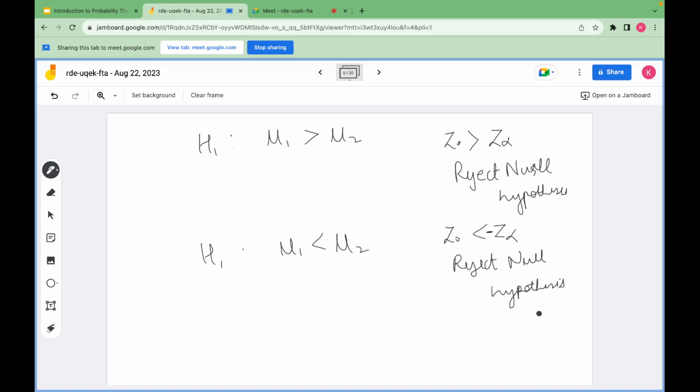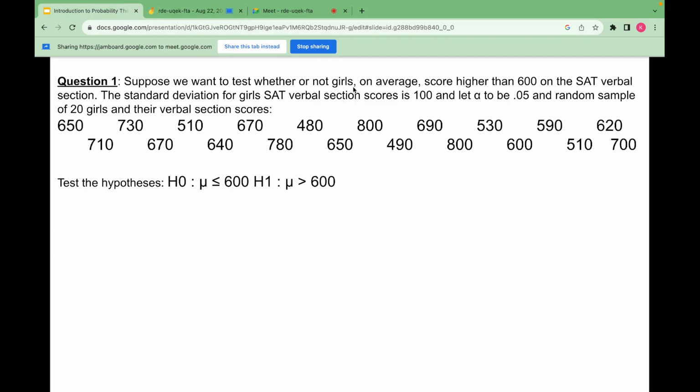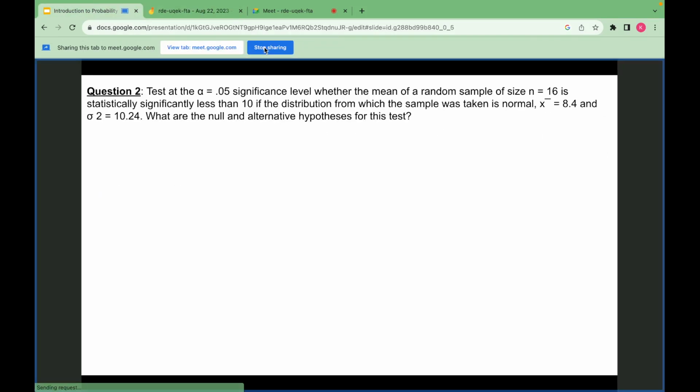So moving to the second question. Test at alpha equal to 0.05 significance level whether the mean of a random sample of size n, which is 16, is statistically significantly less than 10, if the distribution from which the sample has been taken is a normal distribution with mean 8.4 and variance 10.24.